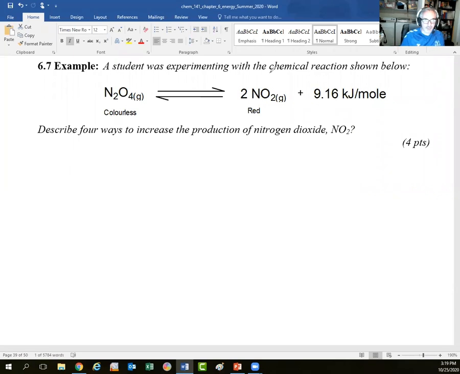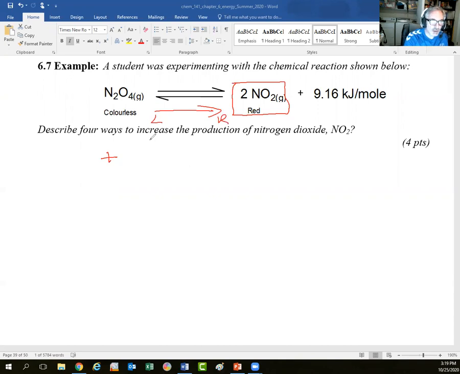Let's go to red. So we had talked about adding chemicals to the system. Adding chemicals would make the reaction move away from that chemical. But remember that the chemical that we're trying to produce is nitrogen dioxide. That's what we want. And so fundamentally, to get to nitrogen dioxide, we need to move from left to right.